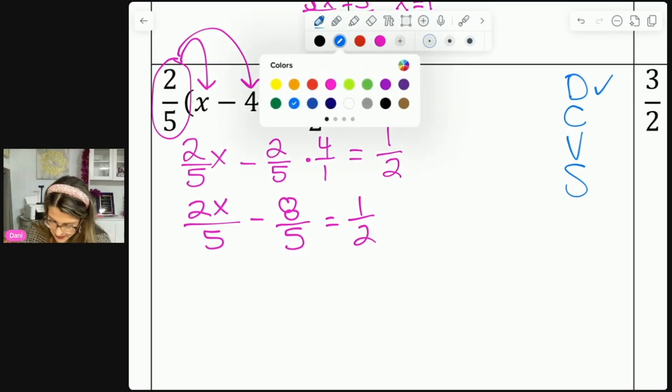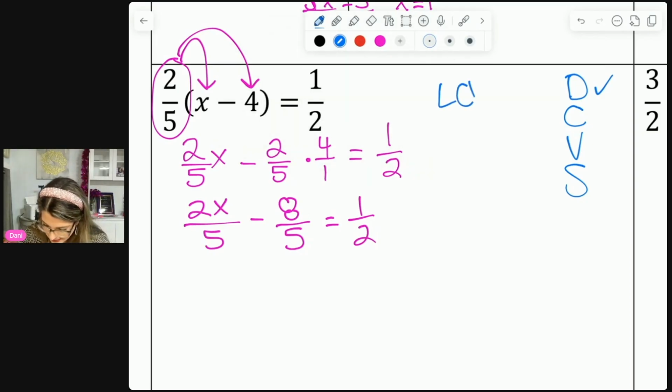All right, so we need to find our least common denominator. So the least common multiple of those denominators, which is 5 and 2, is going to give us 10. So that means I'm going to multiply every single piece of this equation by 10. So as long as I'm doing it to everybody, we're all good. All staying mathematically sound.